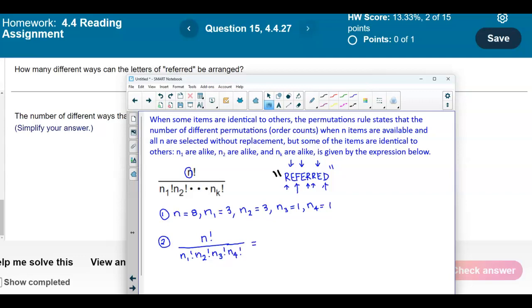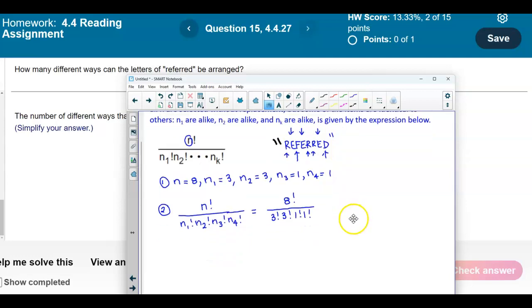So let's plug that in. We have 8 factorial divided by 3 factorial times 3 factorial times 1 factorial times 1 factorial.